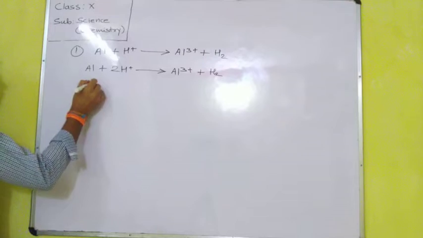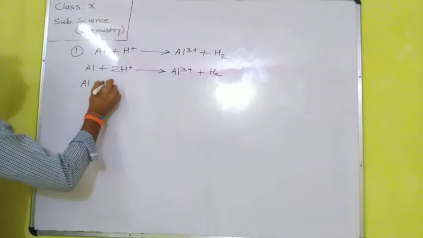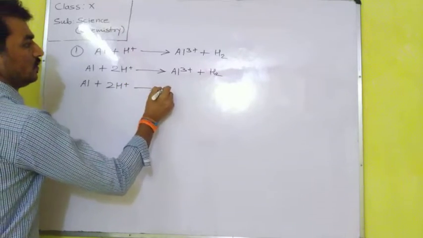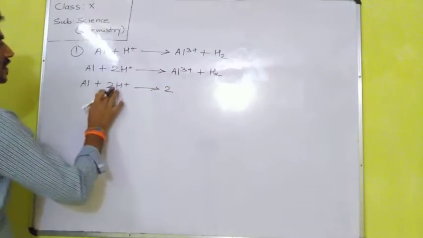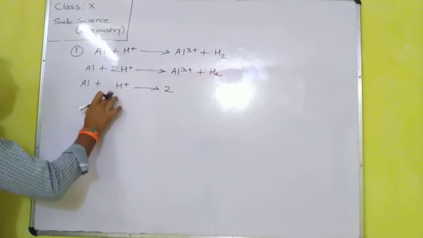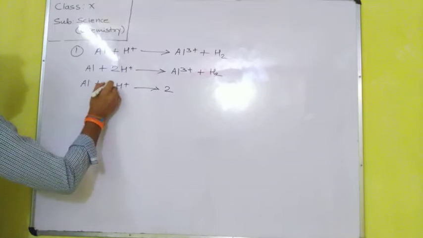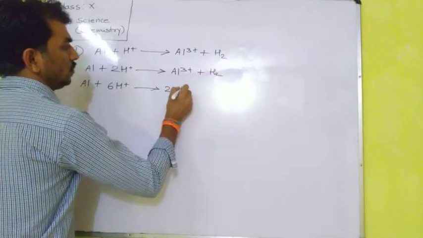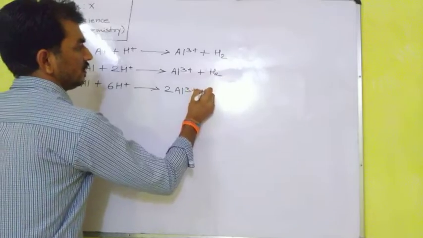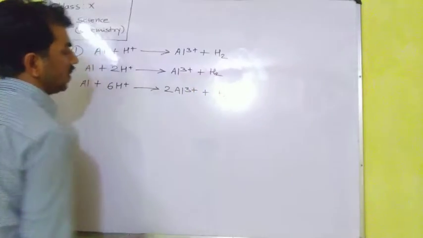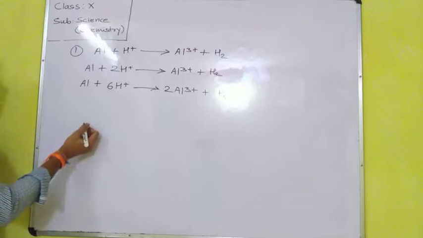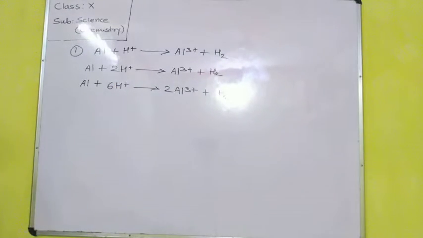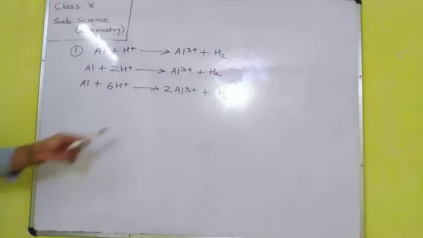So Al plus 6H plus, because we have to balance the number of charges, equals 2Al3 plus plus H2. Now the charge is balanced. Here 6 positive charges, and here also 2 times 3, 6 positive charges.